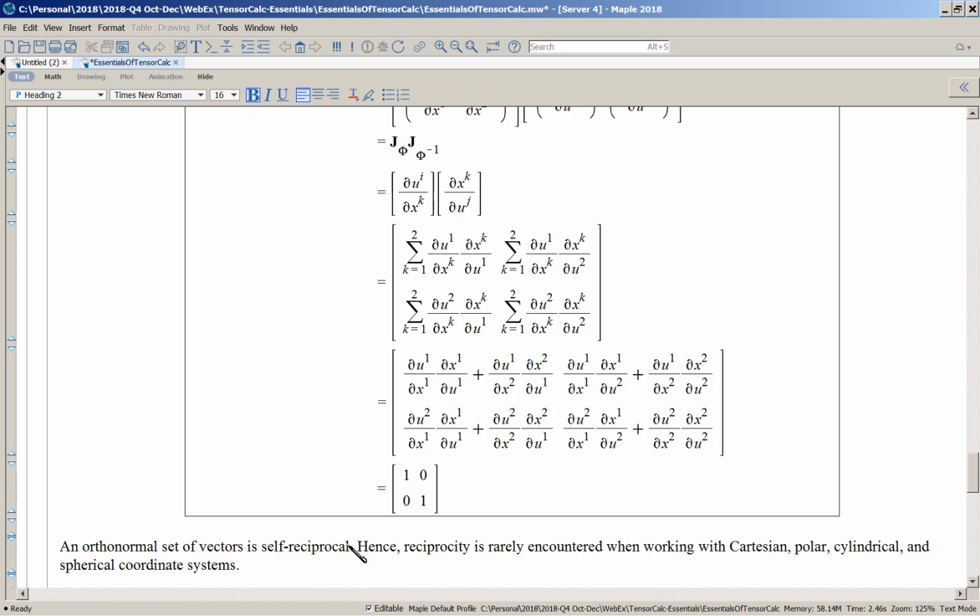The basis vectors that are used are orthonormal. They're orthogonal. If you have an orthonormal set of vectors, it is self-reciprocal. That's why you may not have seen this prior to a study of tensor calculus or differential geometry.